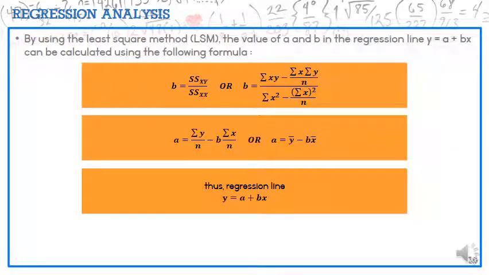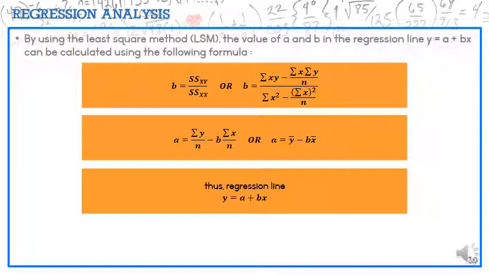So, by using the least square method, the value of A and B in the regression line, Y equals A plus BX, can be calculated using the formula given. So, you don't have to worry about the formula.